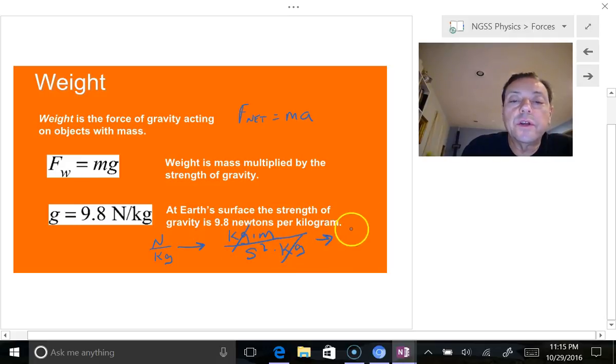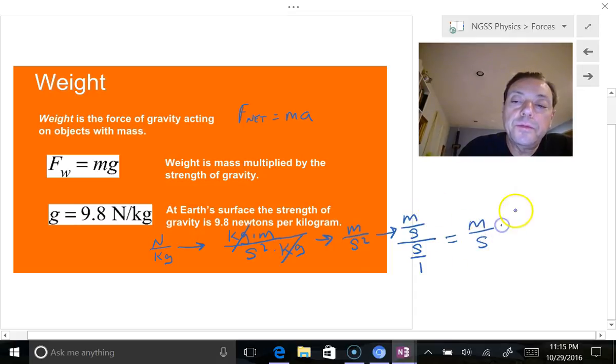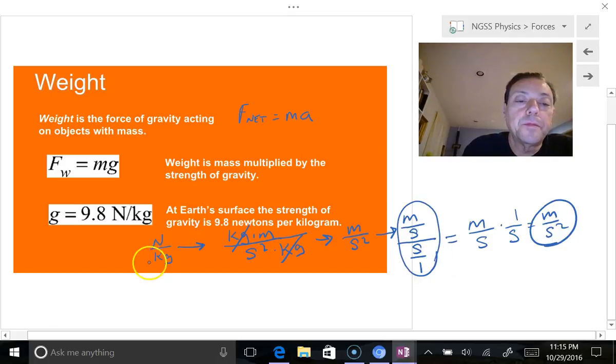The real units for acceleration are meters per second squared. Sometimes you might see it written as a meter per second, which is actually the same thing, because if I'm dividing two fractions, I just keep, change, flip, and they're all the same thing. So don't be fooled by newtons per kilogram. It really is just meters per second squared.